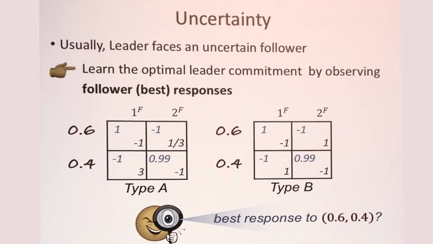In this way, the leader is able to tell these two follower types apart, because they are going to respond to this mixed strategy in different ways. For the type A follower, his best response is to play action 1, and for the type B follower, his best response is to play action 2. The leader can then obtain her optimal commitment by computing the corresponding Stackelberg equilibrium.